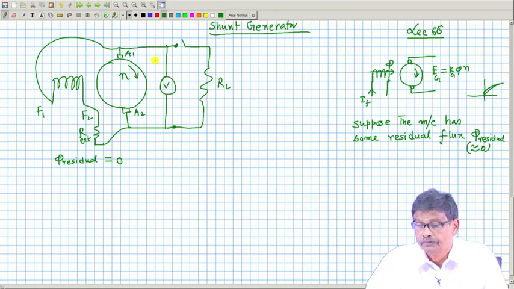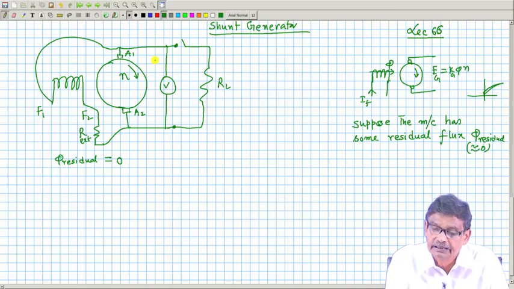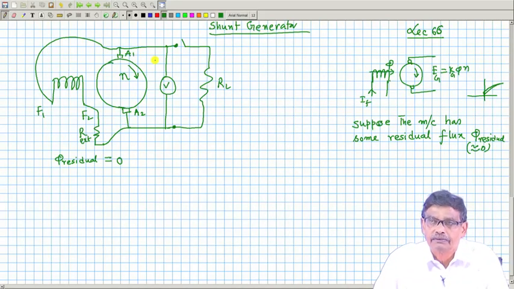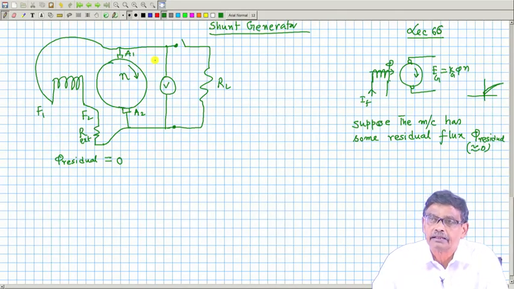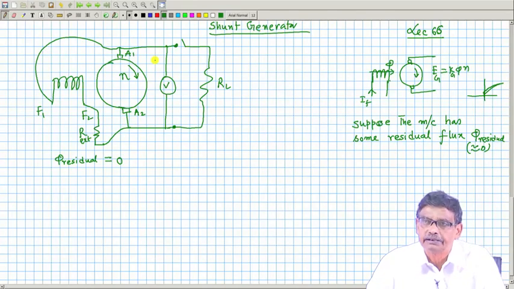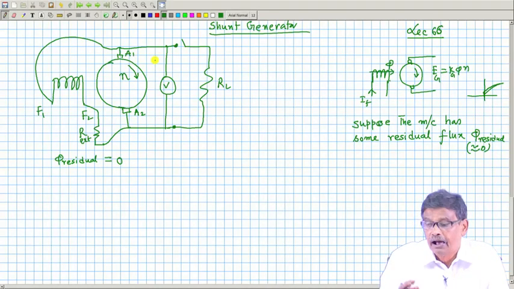Now, I have to think a little bit about what happens if there is a residual field, whether under that condition some voltage may be generated. The answer to this question is yes, a substantial voltage may be generated across the armature like your separately excited machine, although there is apparently no source to excite the field winding. We will see how this is possible.